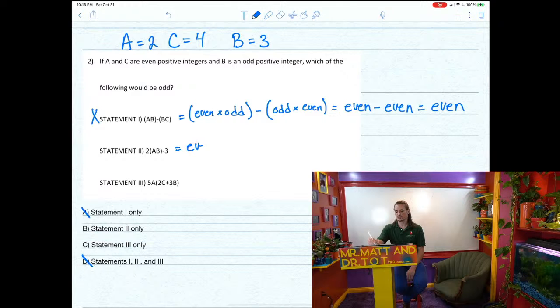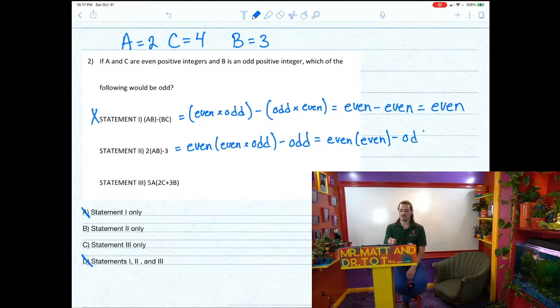So this is going to turn into an even times an even, minus an odd. An even times an even will always be even, so this is going to evaluate into an even minus an odd. An even minus an odd will always result in an odd outcome. So statement 2 will be odd.